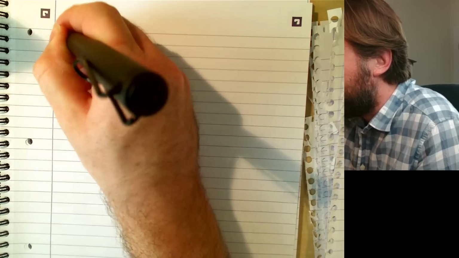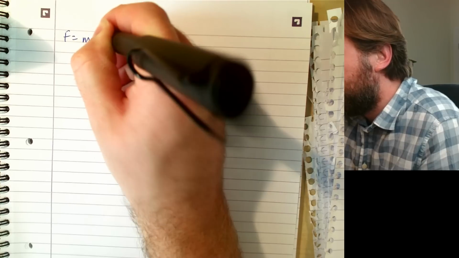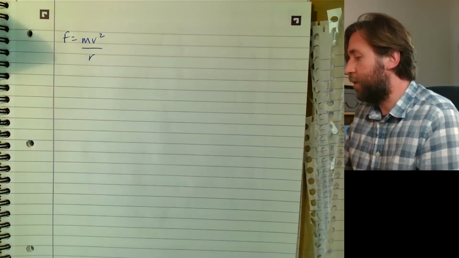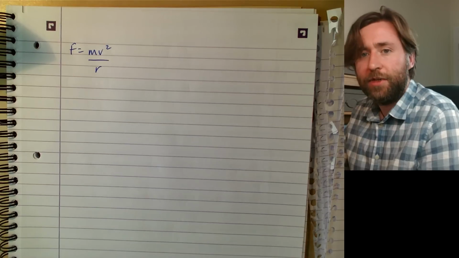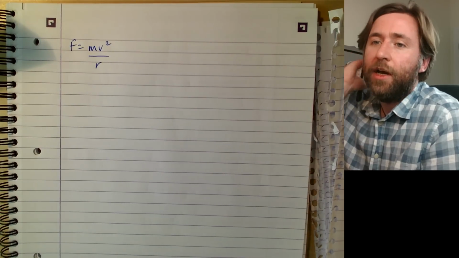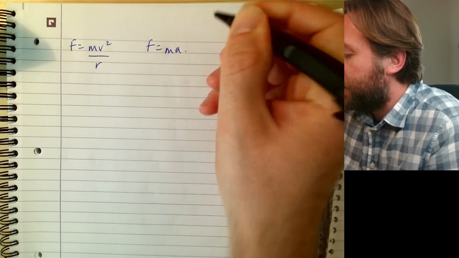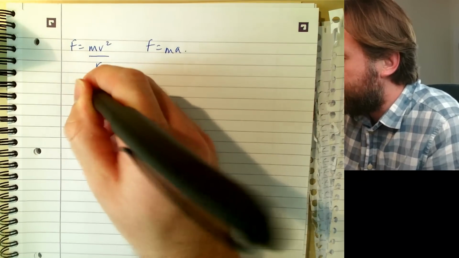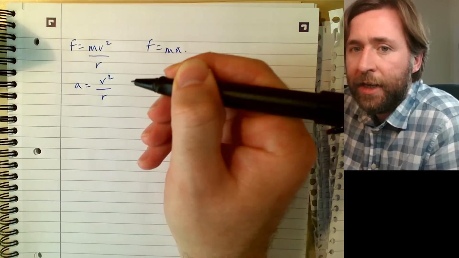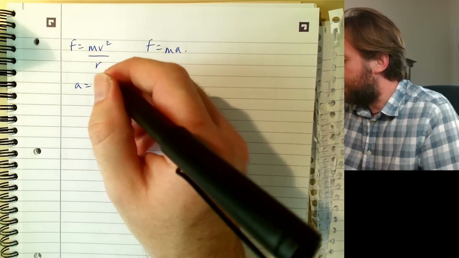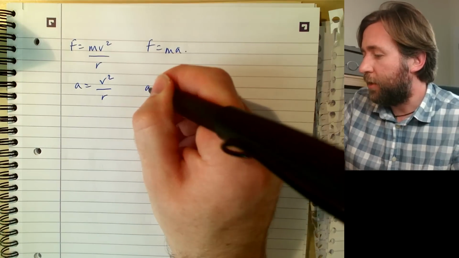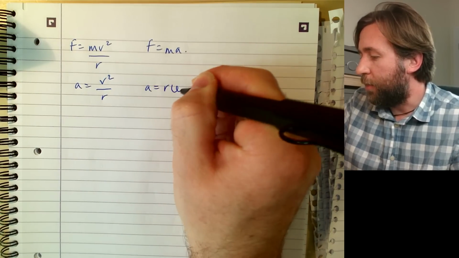Okay, and next one, angular velocity. So there's an expression, this is the root, I reckon, of most solutions for any circular motion question, mv squared over r. Okay, if we take the m out of that, because F equals ma, then we know that a equals v squared over r, and they want you to be able to use that to derive an expression for acceleration, which is r omega squared.